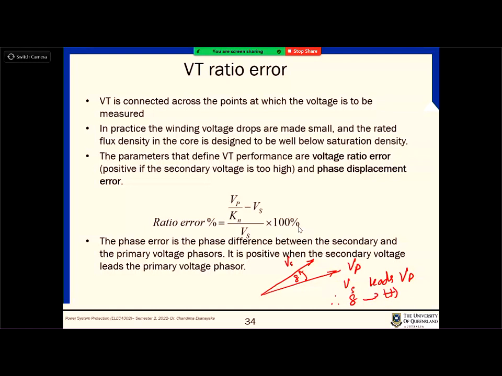That is the definition. So if the secondary leads the primary, then you call it a positive phase error. The lagging, you call it negative.